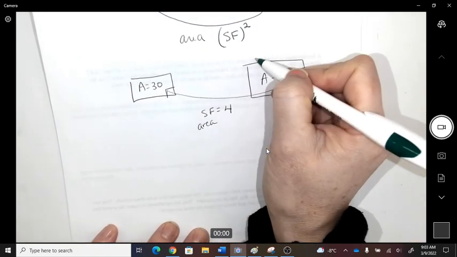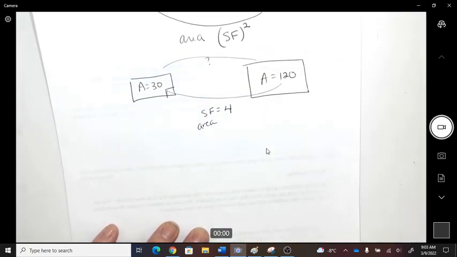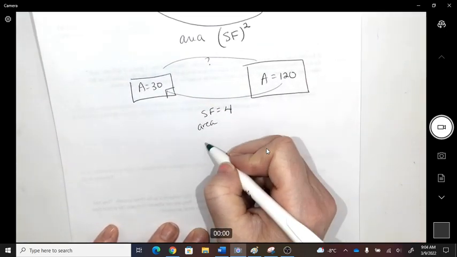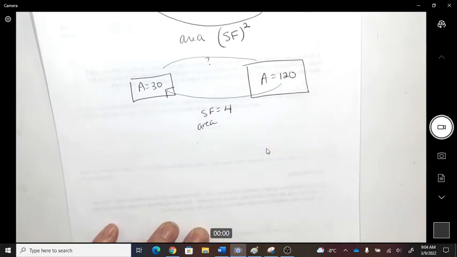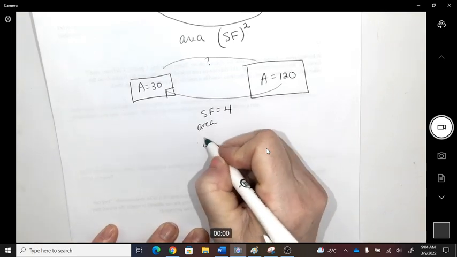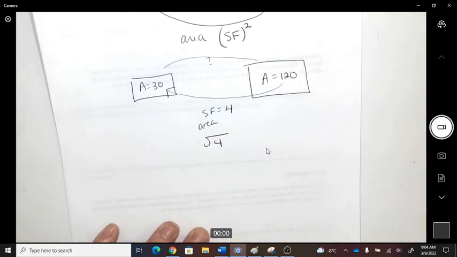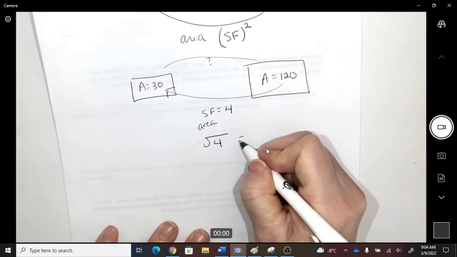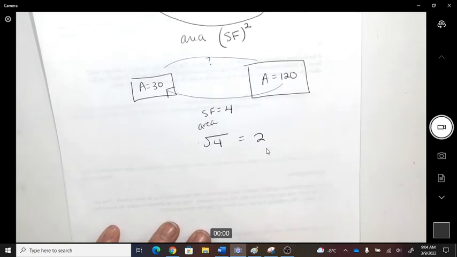So how do I know what the scale factor on the sides is? This time I'm going to have to, what's the backwards maneuver of squaring something? I'm going to square root it. So the sides are going to have a scale factor of 2.